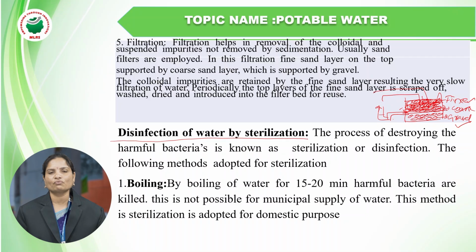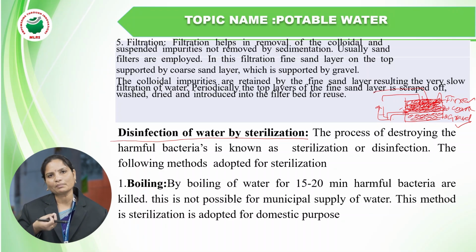So what is meant by disinfection? The process utilized to kill the bacteria in water is called the disinfection process. We use a substance or chemical agent in this process to eliminate or kill the bacteria in the water.